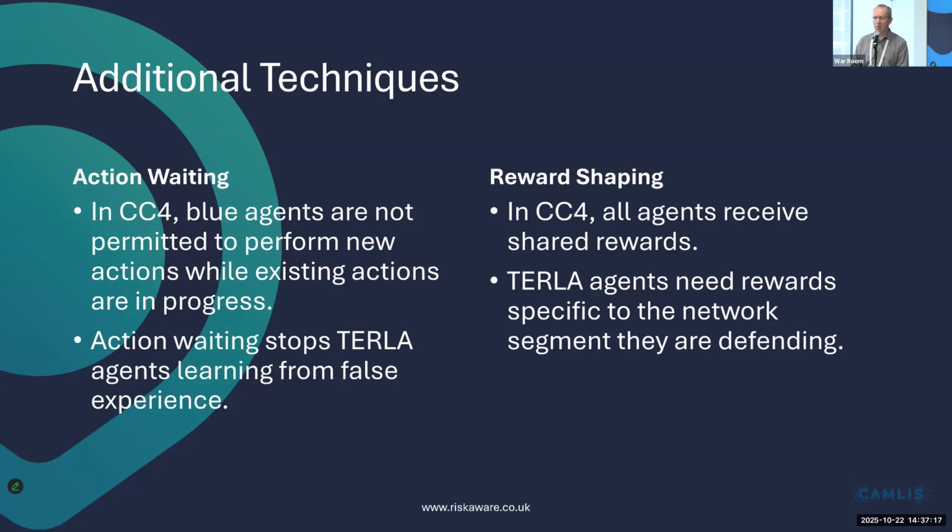And the way we implemented that was it was based on the change in health from the previous time step, and it takes into account things like the number of red agent sessions that are running on that network segment, the health of any services being used by green agents, and also whether any of those services are running on a host that is marked as operational technology.